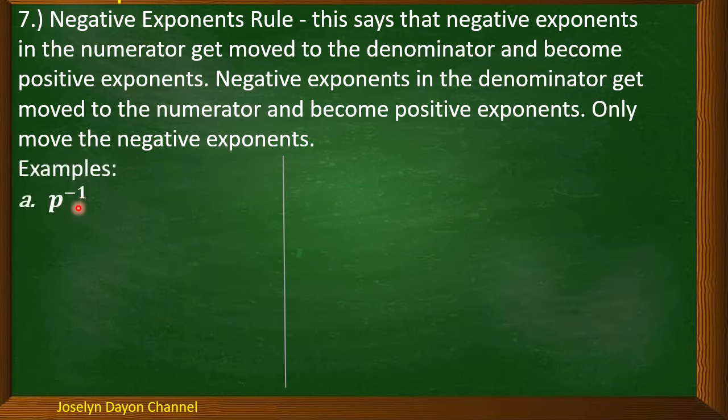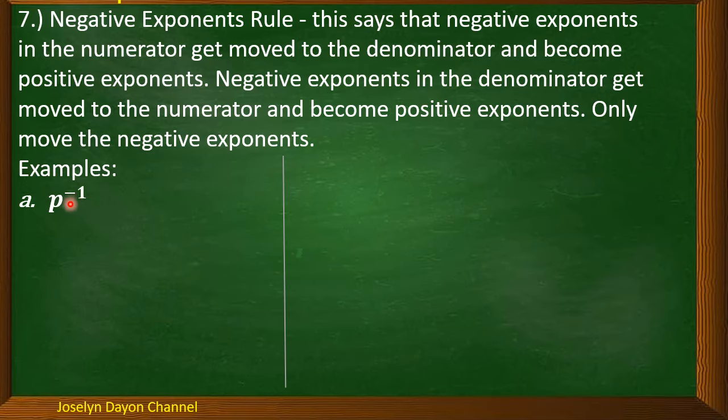We have here p to the power of negative 1. According to the rule, we have to move the term or base with exponent either to the numerator or to the denominator. So in here, it's in the numerator, so we have to move p to the power of negative 1 to the denominator.